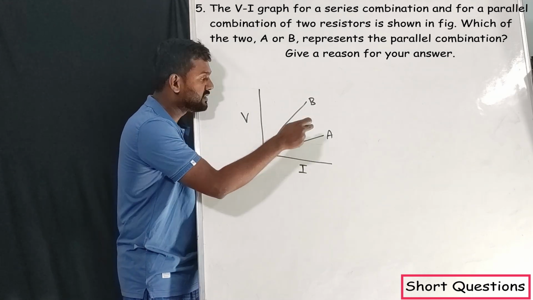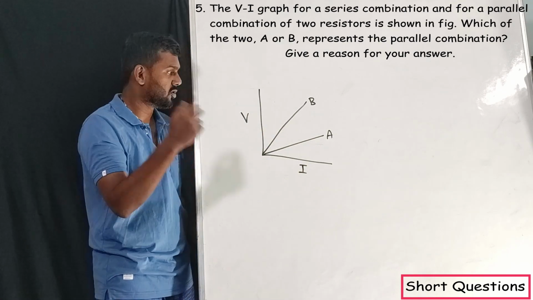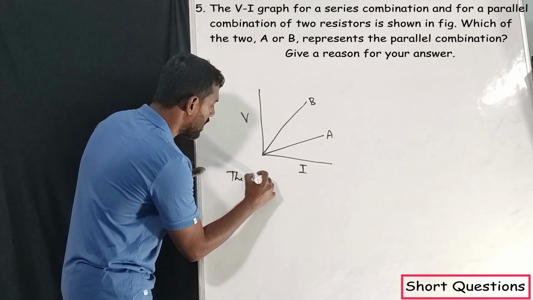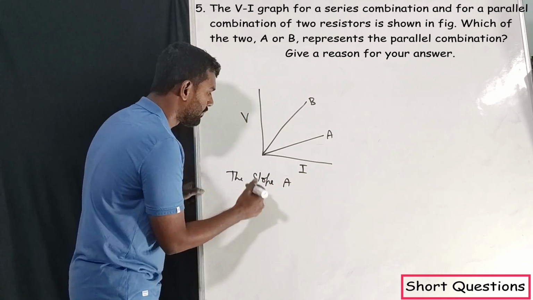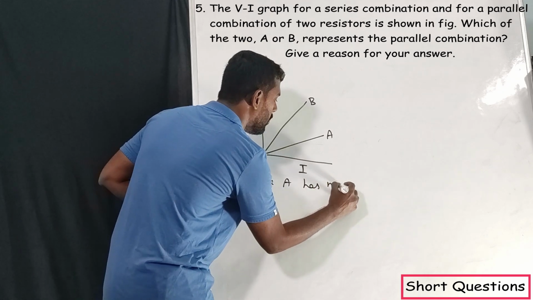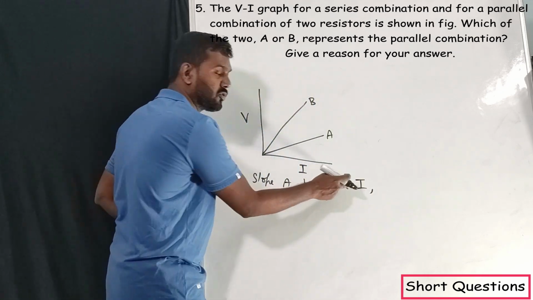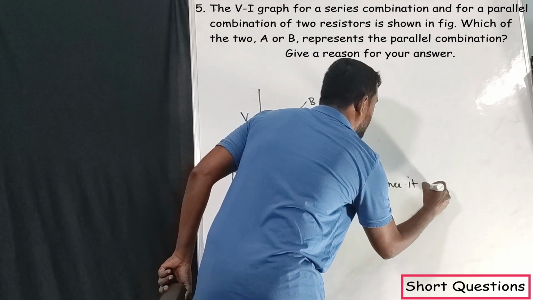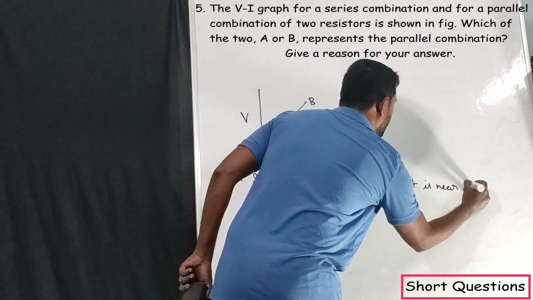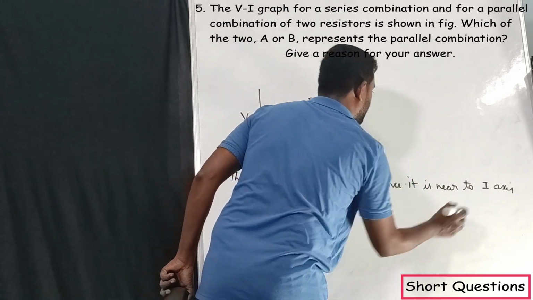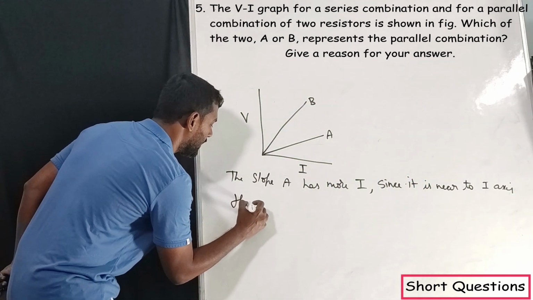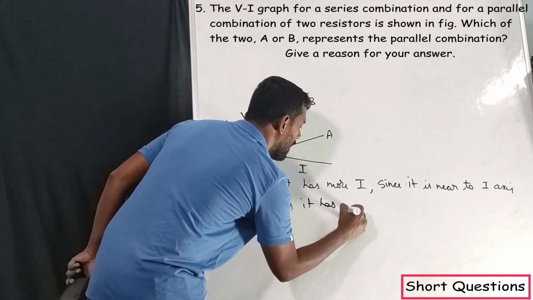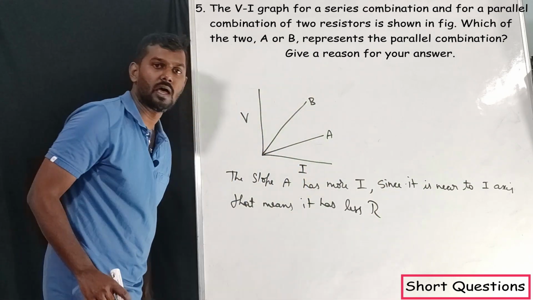This line, A. The slope A has more current, since it is near to the I axis. That means it has less resistance.